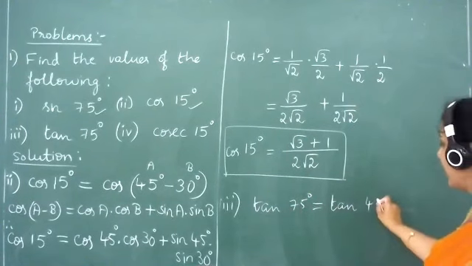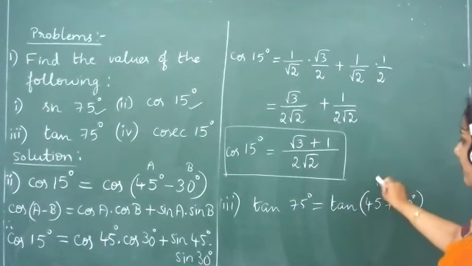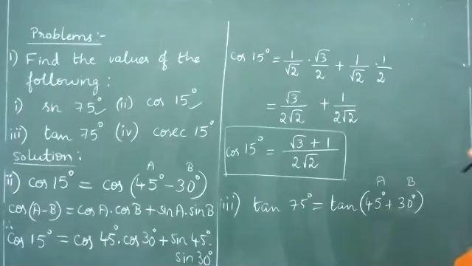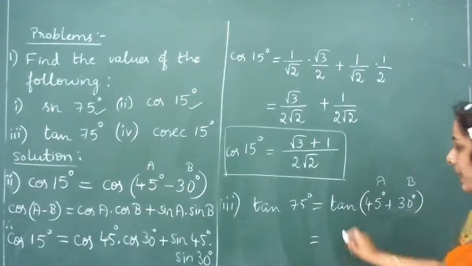Now this is reduced to which form? Tan of A plus B, isn't it? For A you are having 45 degrees and for B you are having 30 degrees. So now here I will be using the tan of A plus B formula. And what is tan A plus B given by?